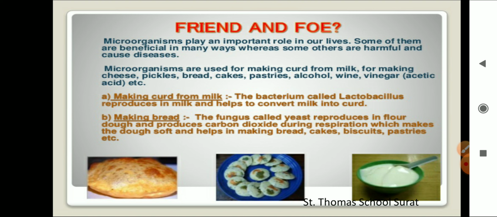We added the yeast, so it helps in making bread, cakes, biscuits, pastries, etc. Understood? So they are friends also, right? They are useful for this. We eat biscuits, cakes, bread, pastries, isn't it? They are useful for us.